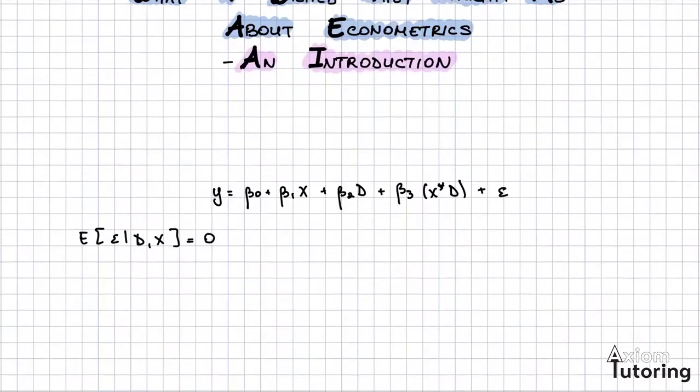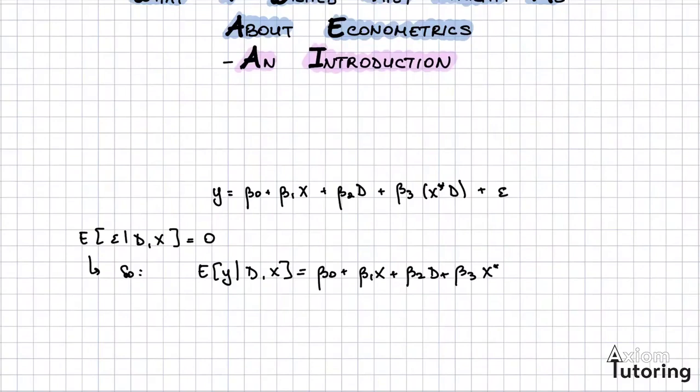That would mean that the conditional expectation of y on d and x is simply beta 0 plus beta 1 x plus beta 2 d plus beta 3 x times d. Okay, so we work with the conditional expectation from here as usual because this removes the error term and lets us focus purely on the systematic part of the model.